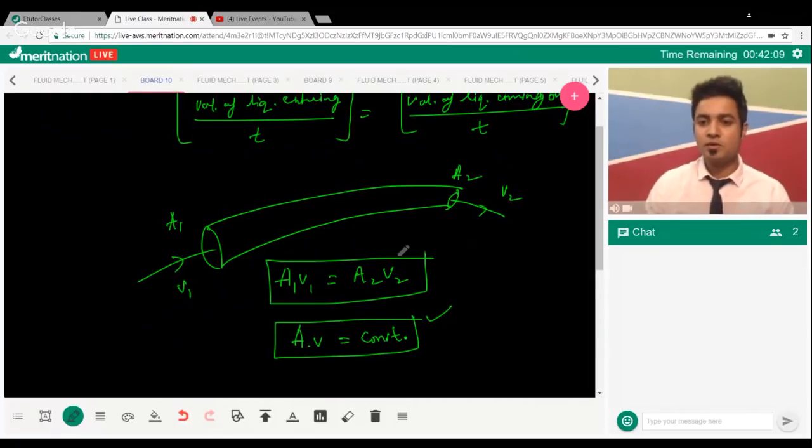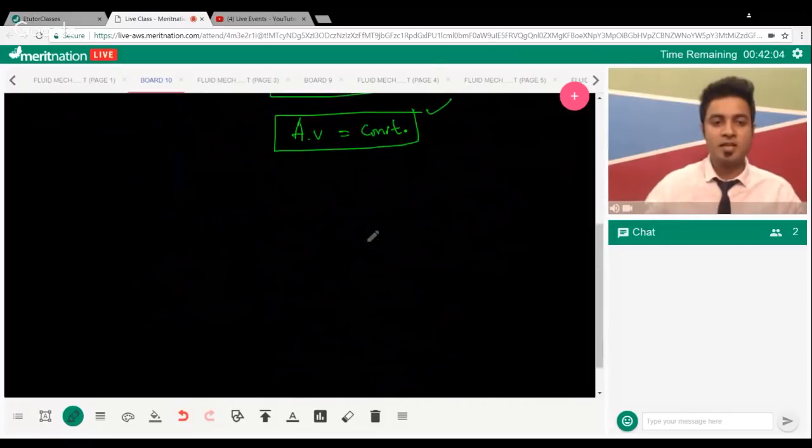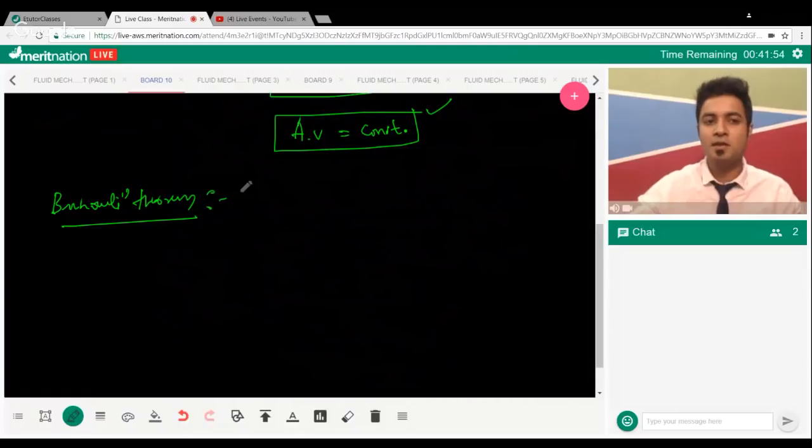So this is the equation of continuity. And the second one I'm going to discuss is Bernoulli's theorem. Bernoulli's theorem is based on the conservation of energy.